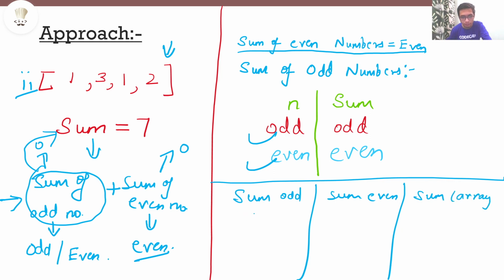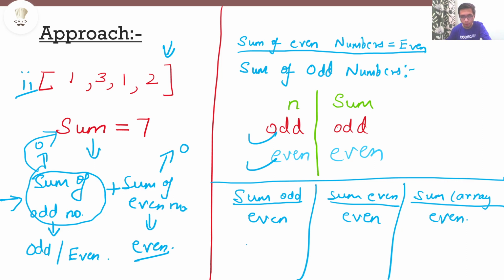So if the sum of odd numbers present in the array is even, and the sum of even numbers would always be even, then in that case the sum of the array is also even.